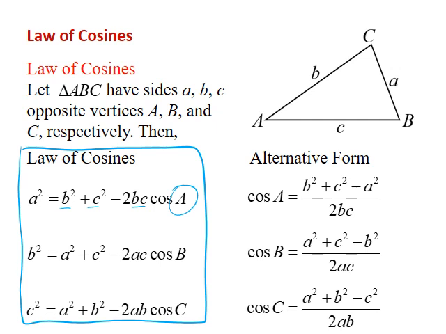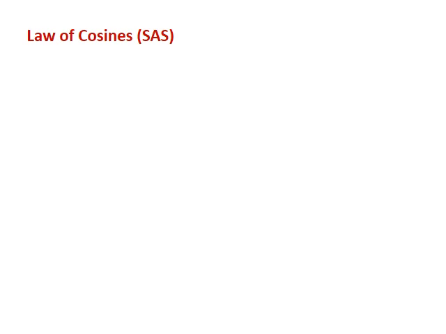So if we want to find a side, this form is helpful. If we want to find an angle, this form is helpful. But either way is fine, and we will just jump into how to use this.